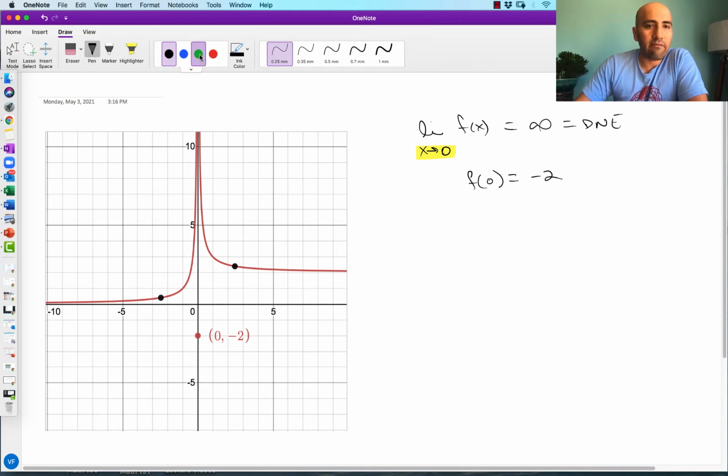So we were selecting values of x that danced around that number. It's unrestricted, so either side. So as x approaches 0, as x got closer that way and x got closer that way, I choose values, and I would see that my outputs are just heading toward positive infinity.